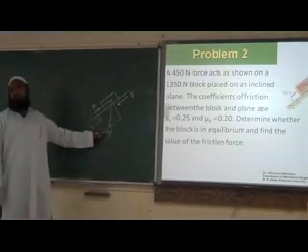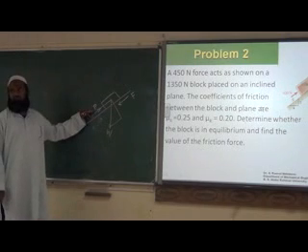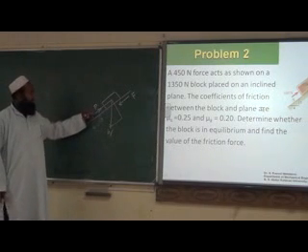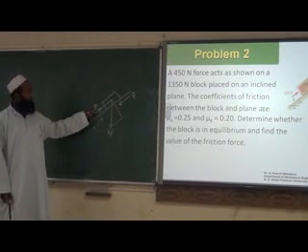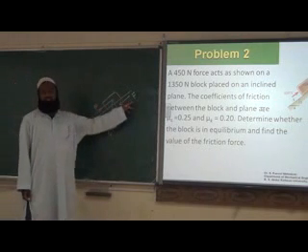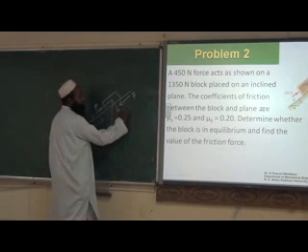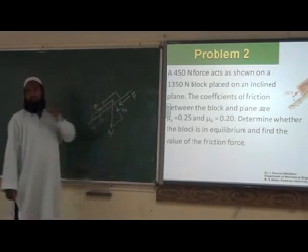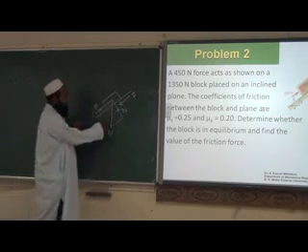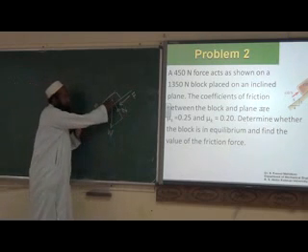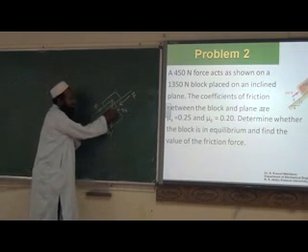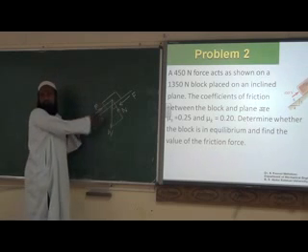So we have P, the applied force 450 Newton, friction force developed, and also the normal reaction N. The W is at this angle, so this angle will be the same as this angle.